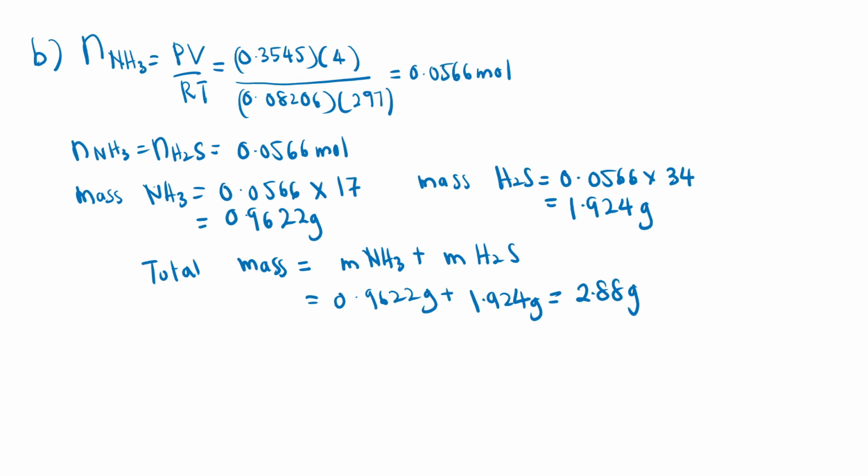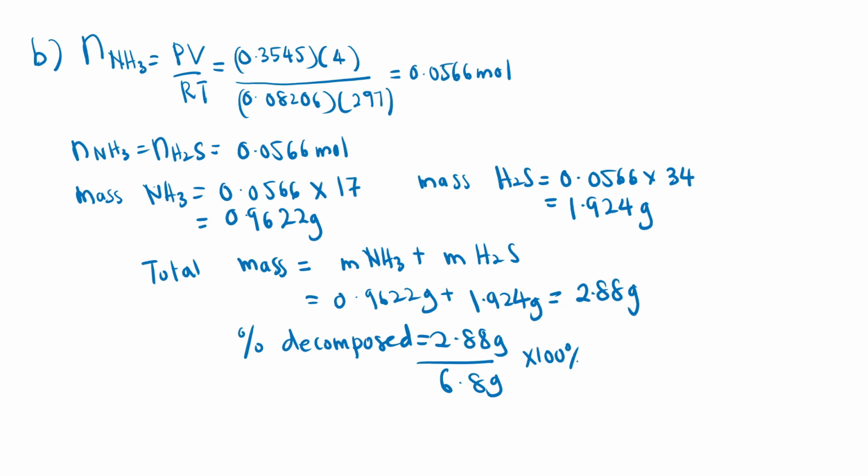So percent decompose. Okay, percent decompose untuk yang ini, okay, is equal to 2.88 grams over, so initial dia bagi 6.8 grams times 100%.